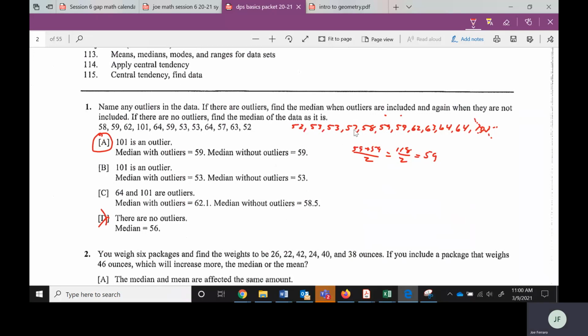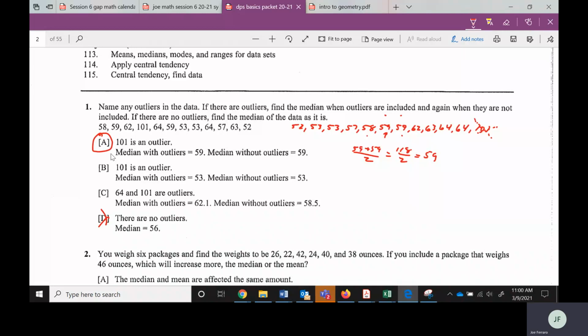So 1, 2, 3, 4, 5, and 1, 2, 3, 4, 5. And the middle number would now be 59. So the median without the outlier is still 59. So yes, that is our answer. It's kind of a weird problem, but it's really not too difficult. The biggest thing is just the time it takes to put them in order.